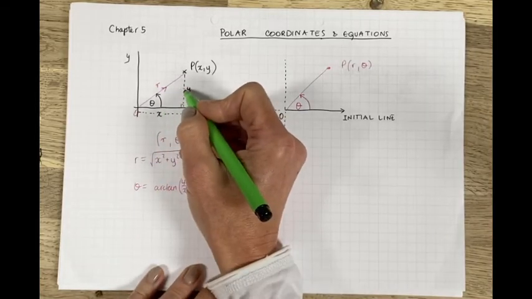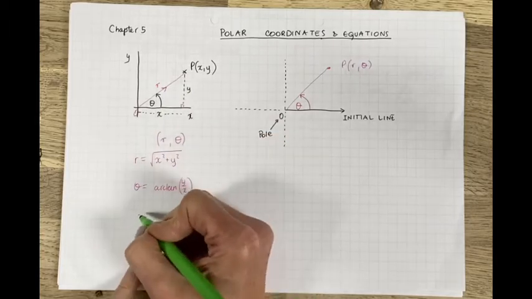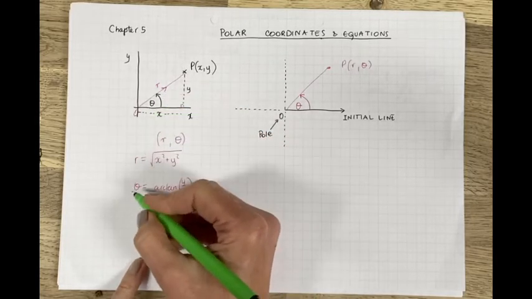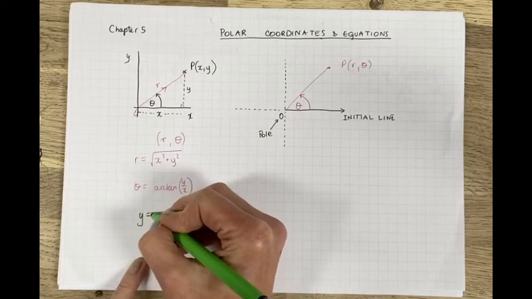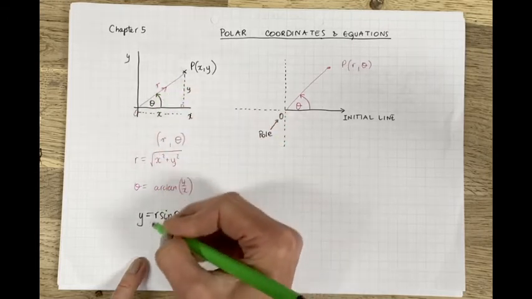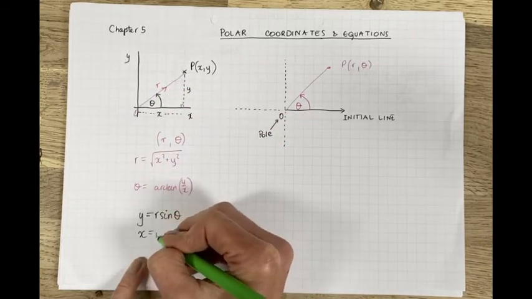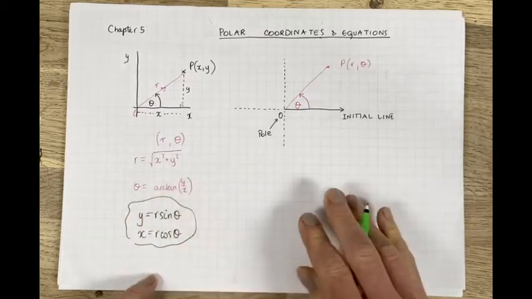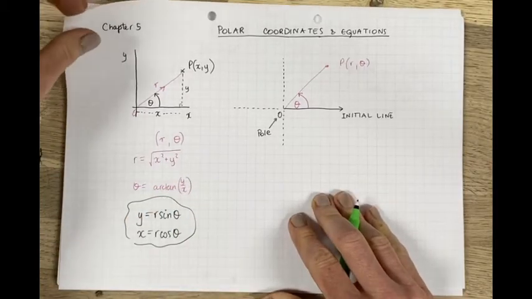So y over r is going to be equal to sine theta. So y is r sine theta. X over r is cos theta, so x is r cos theta. These are also really important whenever you work with these coordinates.